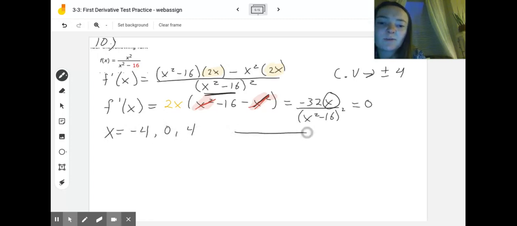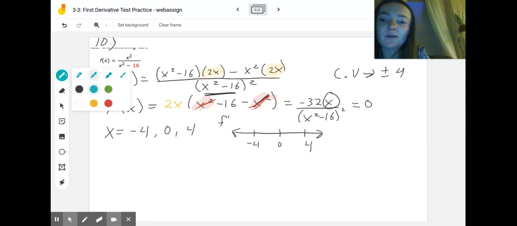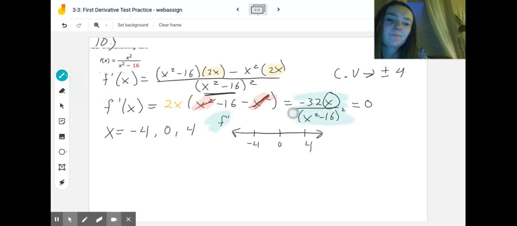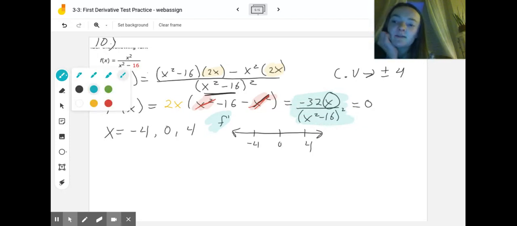So let's go ahead and create my number line. We're going to label it once again as the first derivative. So negative 4, 0, and 4. Remember, we're plugging into the first derivative, which is this right here. If I plug in something less than negative 4, like negative 100, negative 32 times negative 100 is positive, so the numerator is positive.